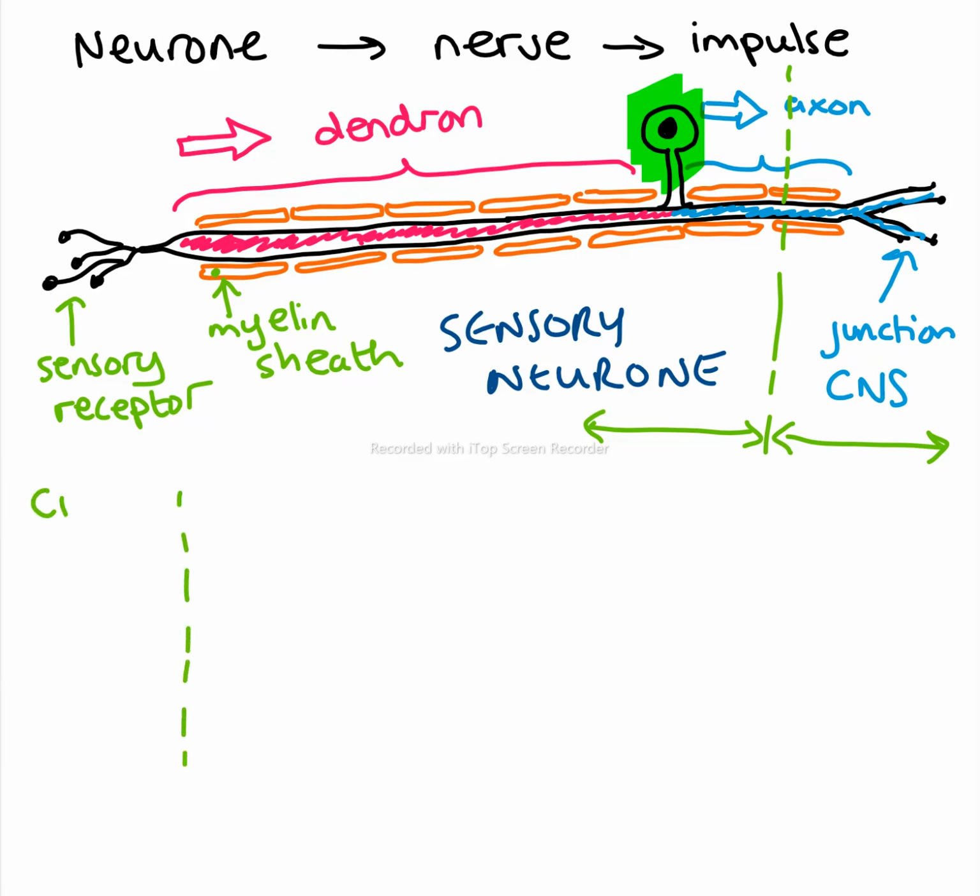This is the CNS, the central nervous system, and this is outside the CNS. The cell body for the motor neuron is here, and this is how they tend to draw it. That's the nucleus.